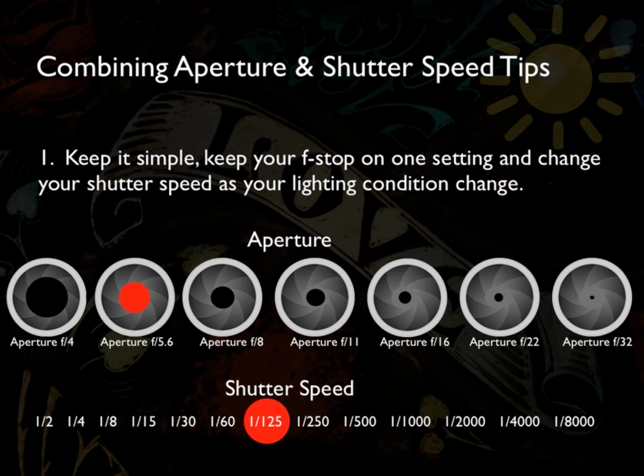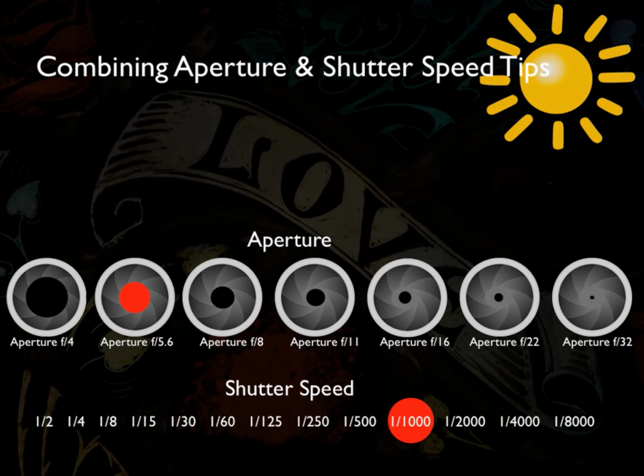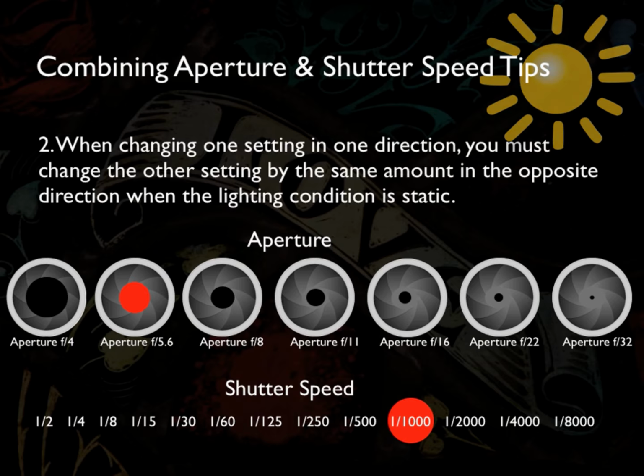Keep your f-stop on one setting and change your shutter speed as your lighting condition changes. Number 2. When changing one setting in one direction, you must change the other setting by the same amount in the opposite direction when the lighting condition is static.